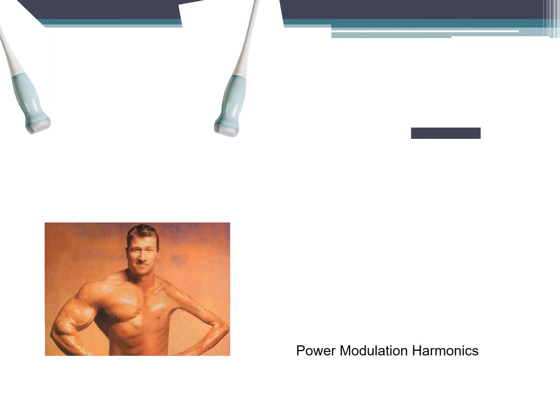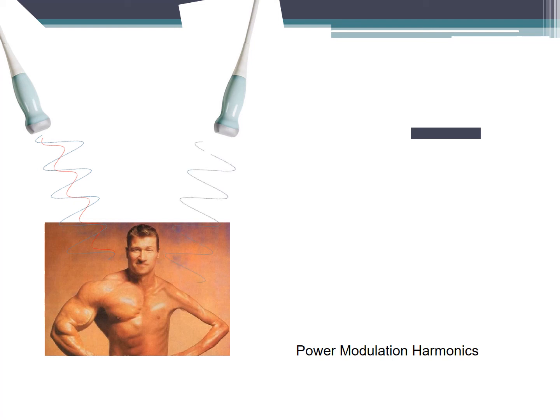The other option is power modulation harmonics. This one is not as popular as pulse inversion is, but it is another way to isolate that harmonic frequency. So with power modulation harmonics, a sound beam is sent into the body, one that's a little bit weaker, and then a very strong sound beam is sent into the body. Again, that strong sound beam is going to be the one that's going to create the harmonics imaging.